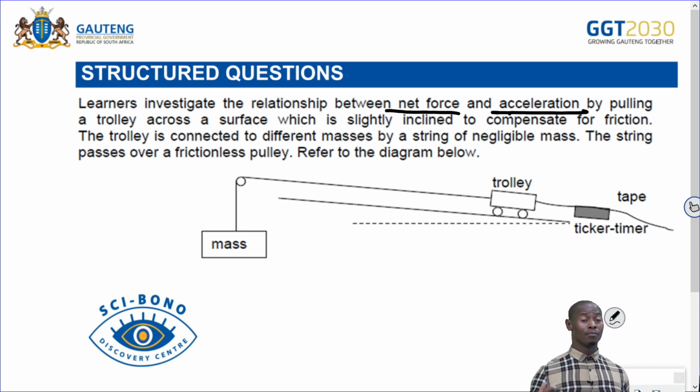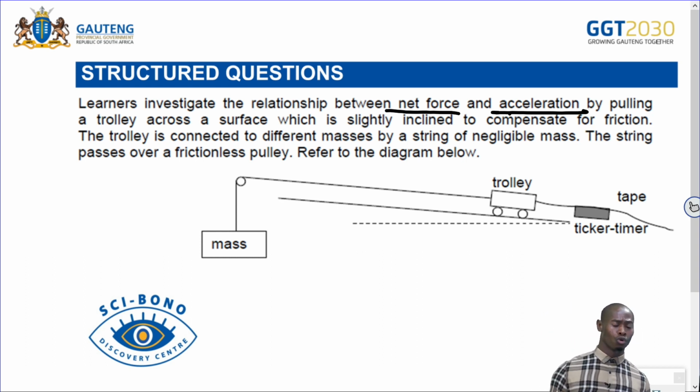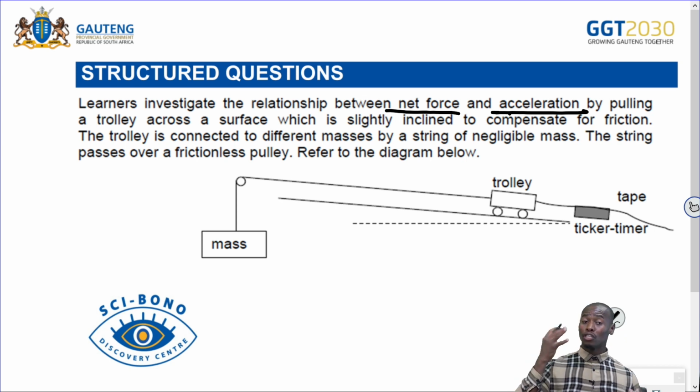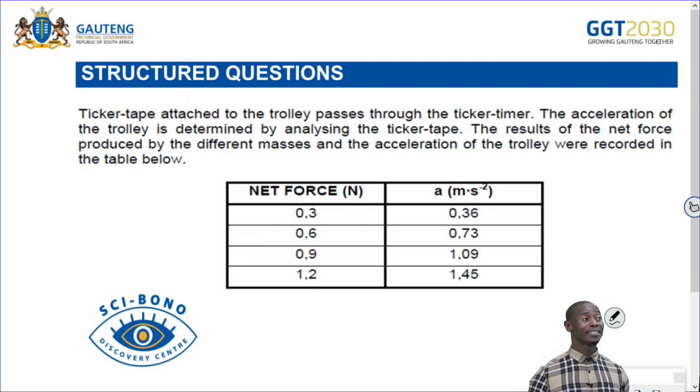From the results, you must be able to give us the dependent variable, independent variable, controlled variable, then the investigative question, and also the conclusion. But according to Newton's second law, we know acceleration should be directly proportional to the net force at constant mass.